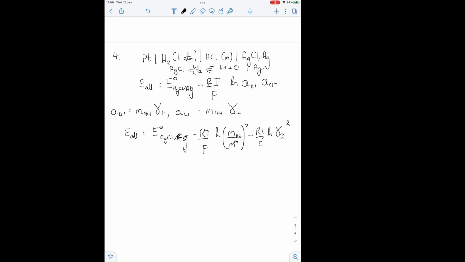So they're being very good. They're trying to look after it; we're not just writing concentrations equal activities. We're doing the calculation properly.